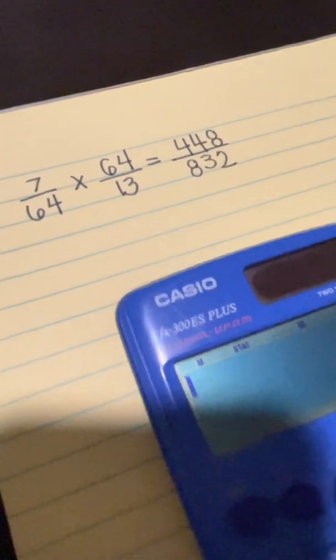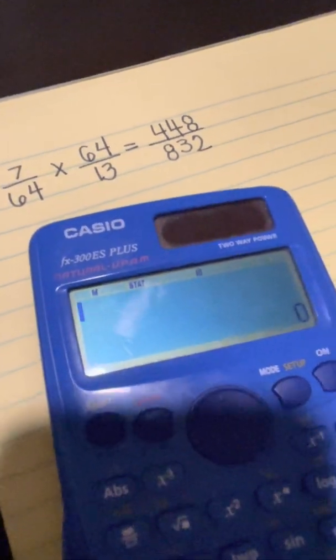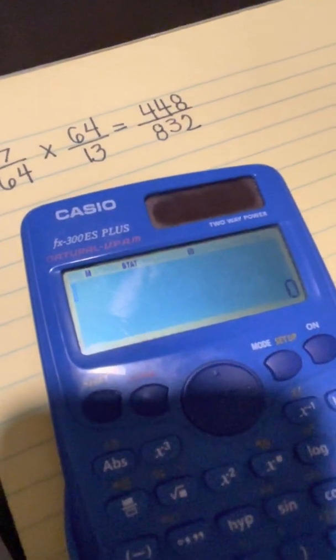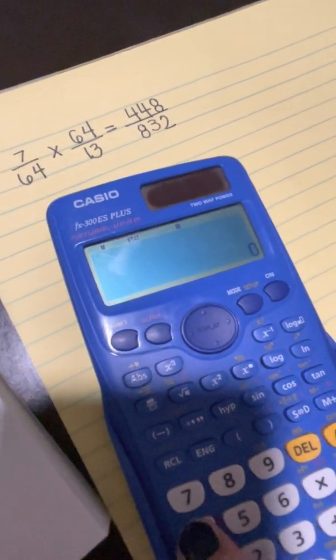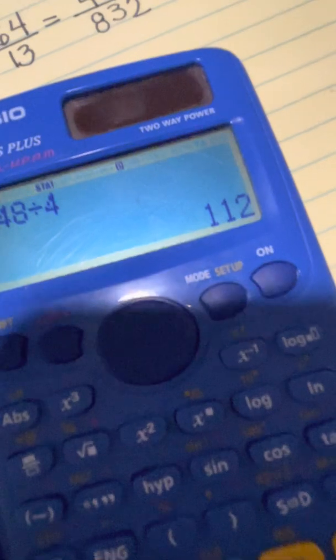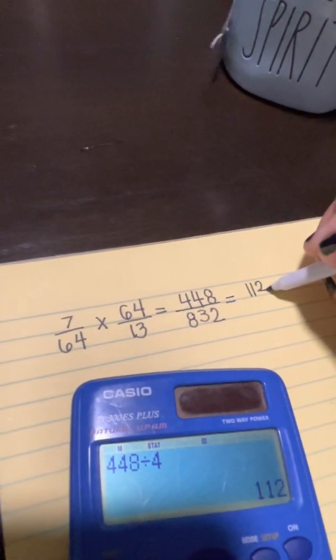So if you are not overly quick at getting fractions to the simplest form, let's take the long way. I know for a fact that both of those numbers can be divided by 4. 448 divided by 4 is 112, so we make the top 112.